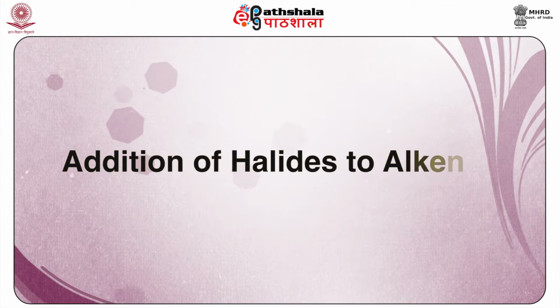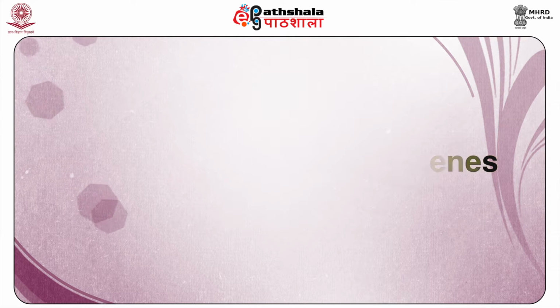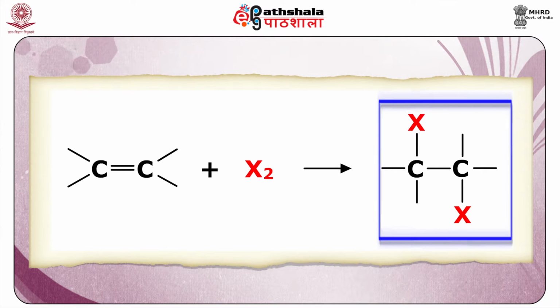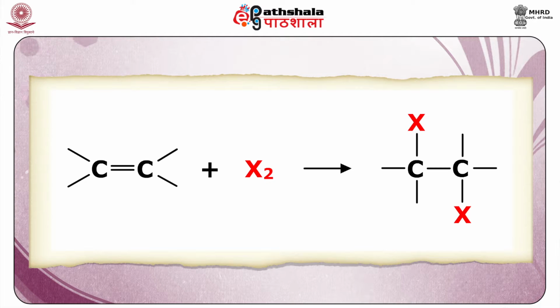Next is the addition of halogens to alkenes. Halogens add to the alkenes via an electrophilic addition mechanism to generate vicinal dihalides, and out of these halogens the order of reactivity is fluorine most reactive, followed by chlorine, followed by bromine and then iodine.